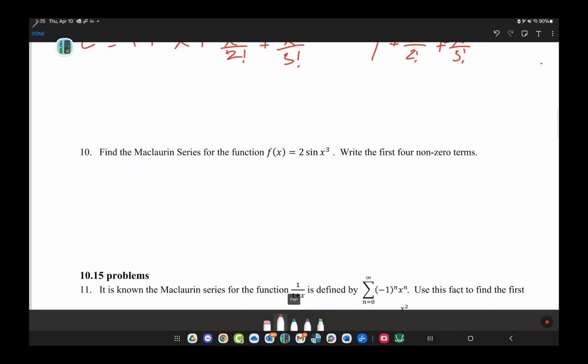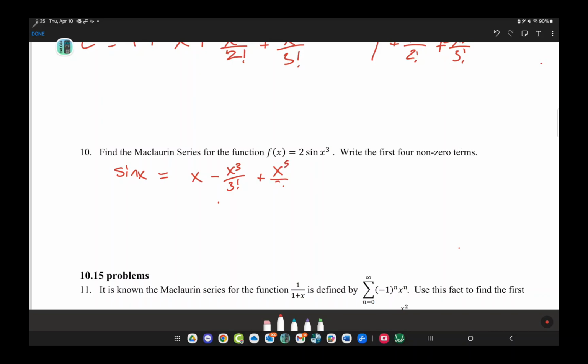Yeah, all wrong. What do we have to start with? What are the first 4 terms of sine x? x minus x to the third over 3 factorial plus x to the fifth over 5 factorial. So the first 4 non-zero terms, you're going to go out to 4 terms, so that means x to the 7th.